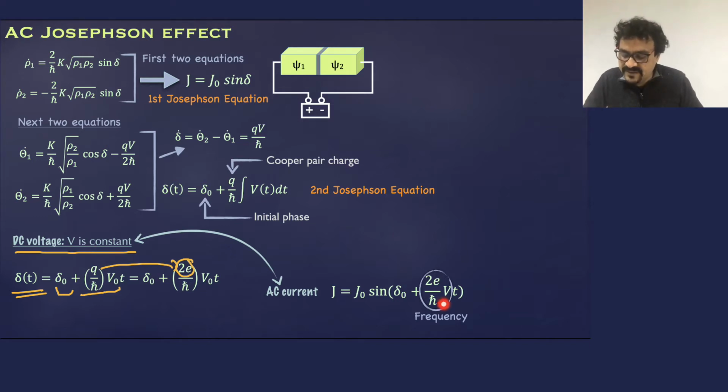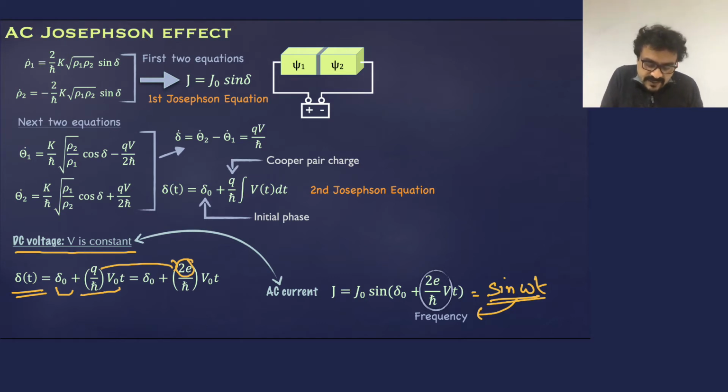And if you look at the magnitude of this term, 2e by ħ times V, that is the frequency. This is of the form sin ωt, where ω is basically 2e by ħ times V. Of course, this represents an oscillating current.